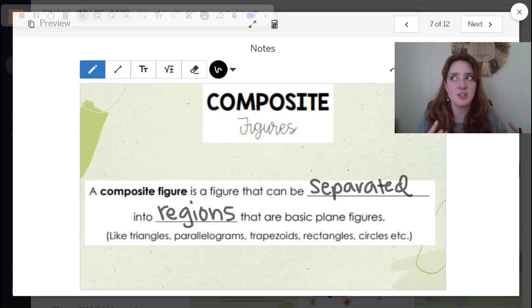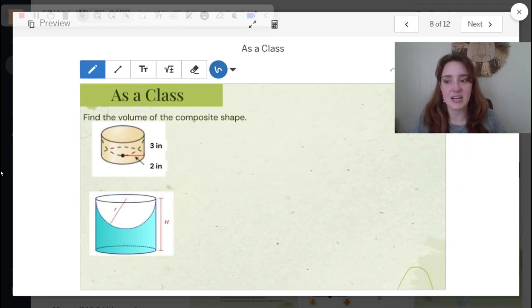We did look at this already with composite area, finding the area and perimeter given a composite shape. So we have looked at something similar, but now we're going to be finding volume given a composite 3-dimensional figure. We're going to go through this as a class. It's okay. We'll see what's going on.